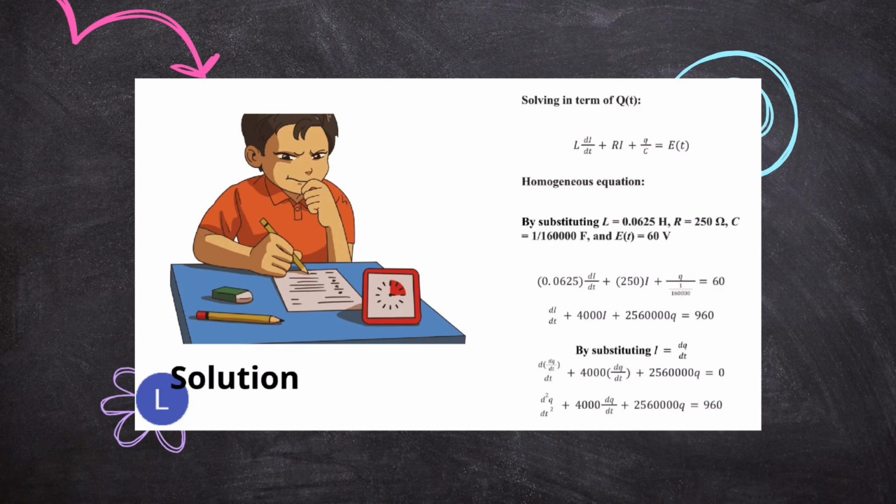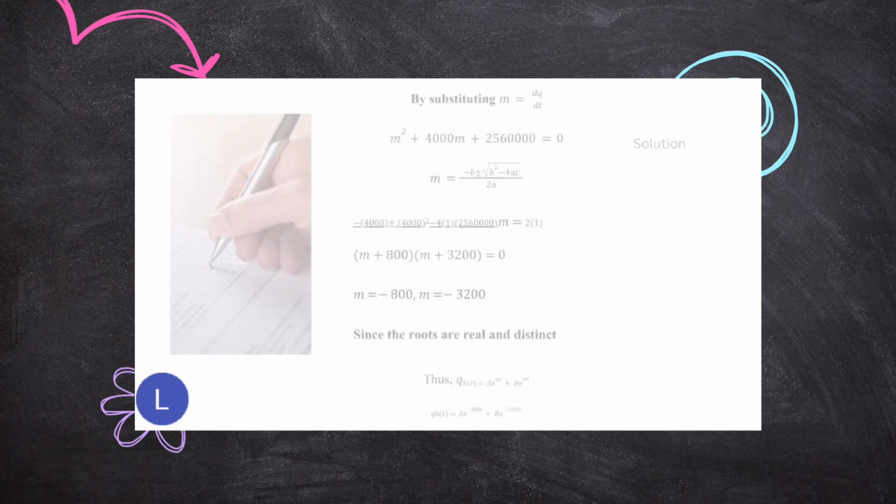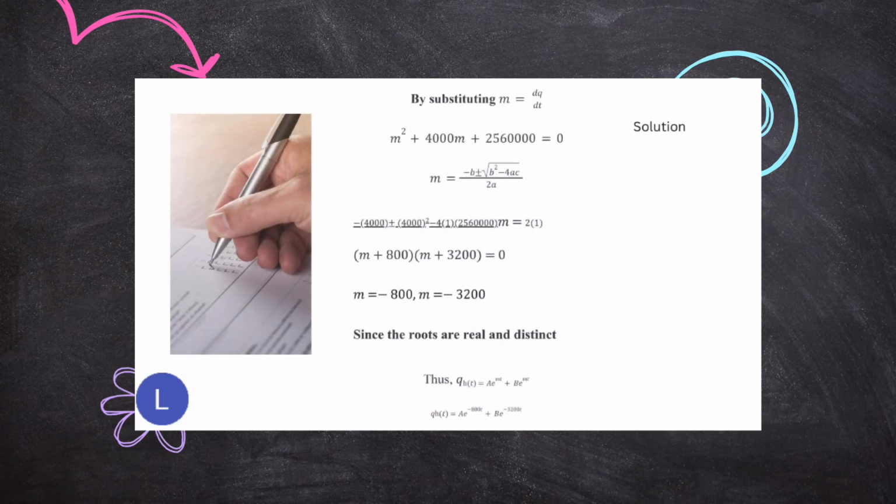And then we will continue with the substitution of I equals dQ/dt. And then we will get d squared Q over dt squared plus 4000 dQ/dt plus 2,560,000Q equals 960. We will continue with further substitution of m, and we will get the answer m squared plus 4000m plus 2,560,000 equals 0.